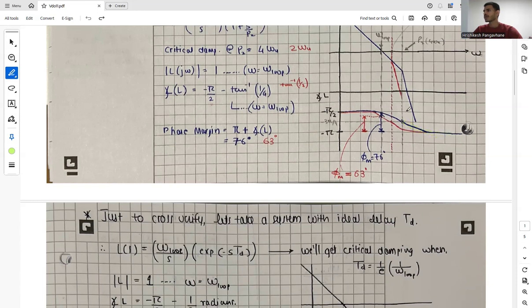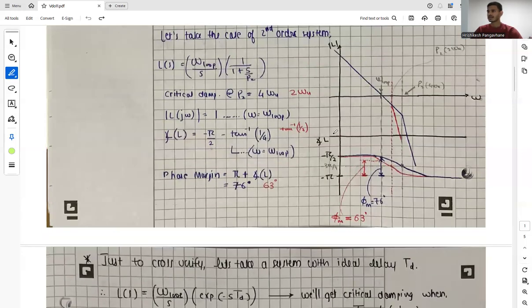As we know, at each pole we get a phase shift of 90 degrees. So this is how it works. And from the point of omega loop till minus pi, this gives our phase margin, which comes to about 76 degrees.